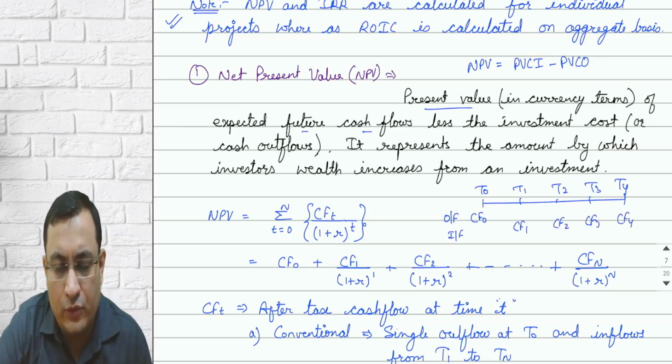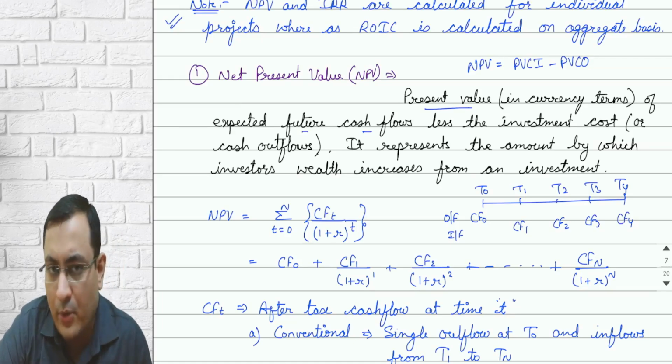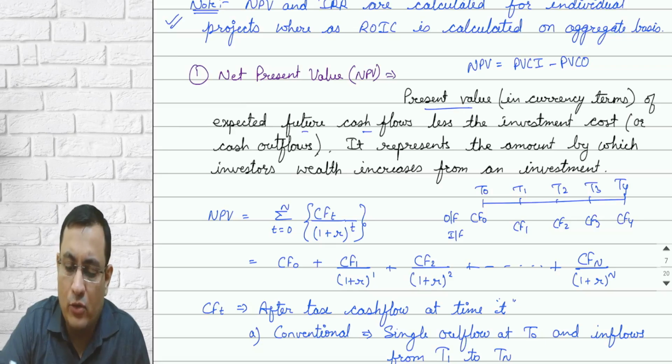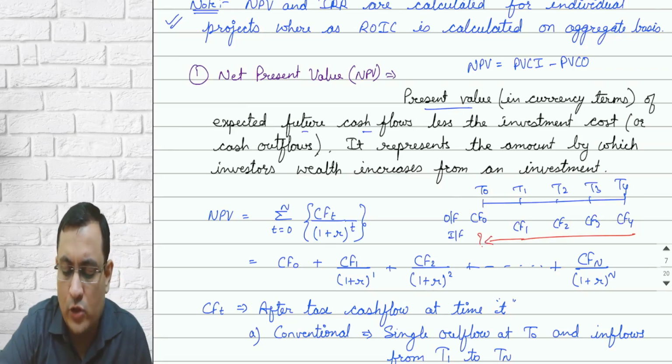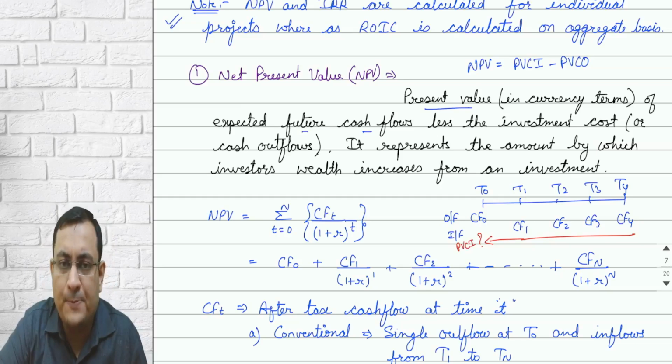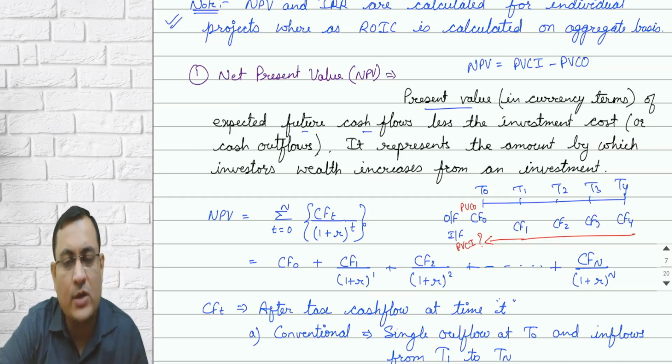These CF1 to CF4 are not directly comparable with CF0 because they are indexed at different points of time. What you have to do is bring all these 4 cash flows back to your T0. So this value, this question mark, is called PVCI. Now this PVCI is comparable with your CF0, which you may call PVCO, present value of cash outflow.